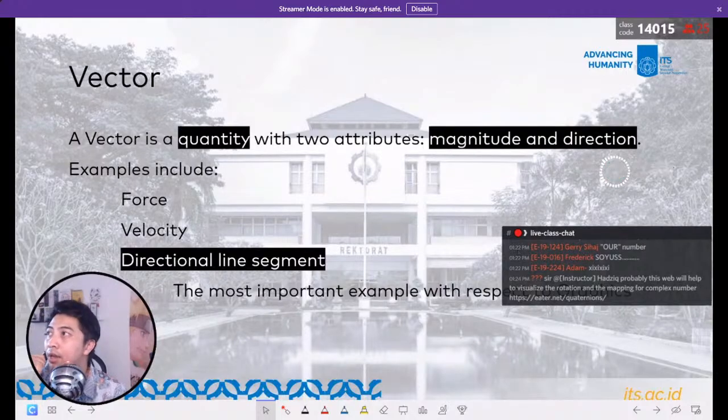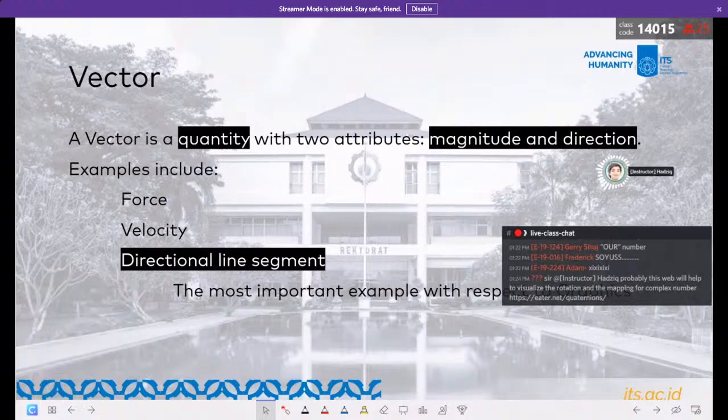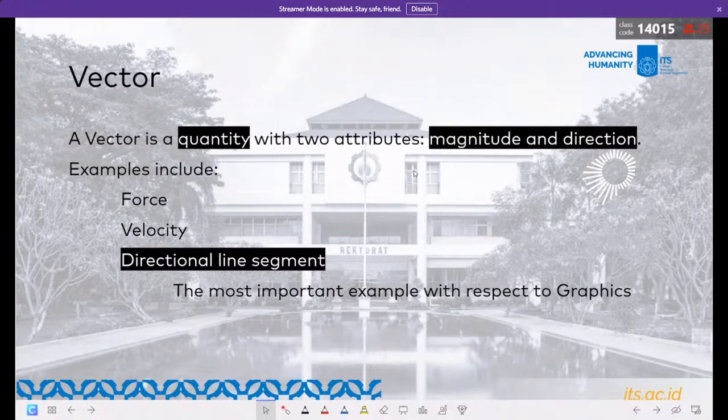Okay, in vector, maybe I need to hide my picture. So in vector, we not only talk about the number or the magnitude, but we also need to speak about the direction.